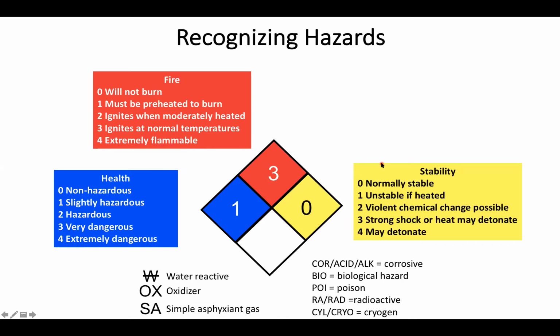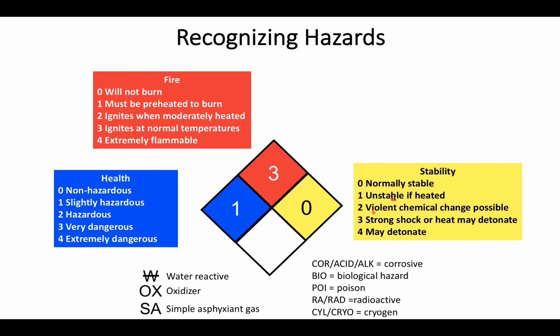Then for stability, 0 means that it's stable. I don't really have to worry about it getting up and doing something unkind. 1 means that, okay, it may end up reacting with itself upon mild heating. And then by the time you get to 2, this is where you really have to start watching out because it may undergo a violent self-chemical reaction.